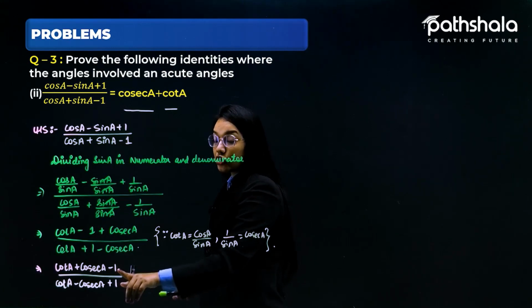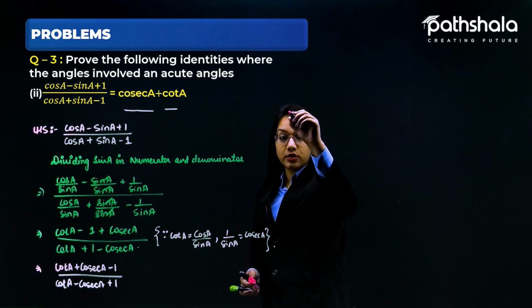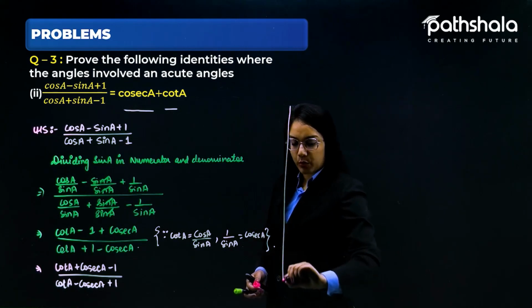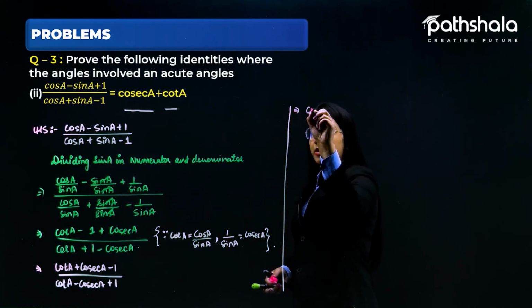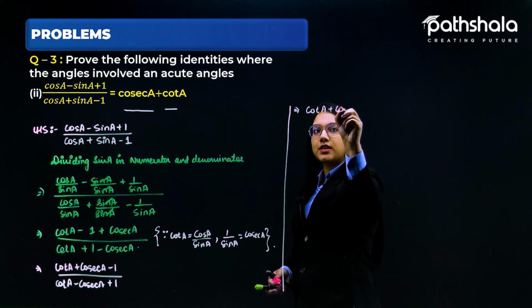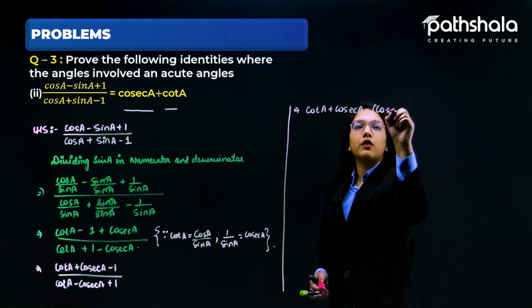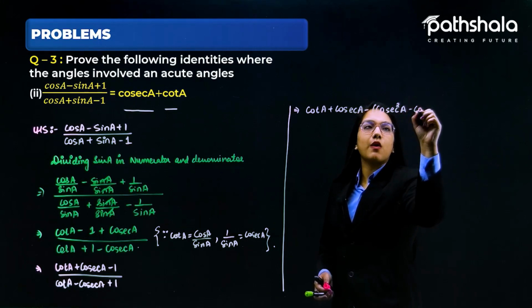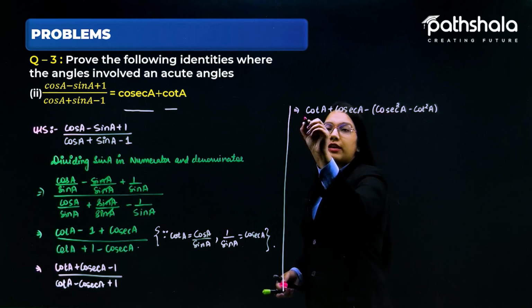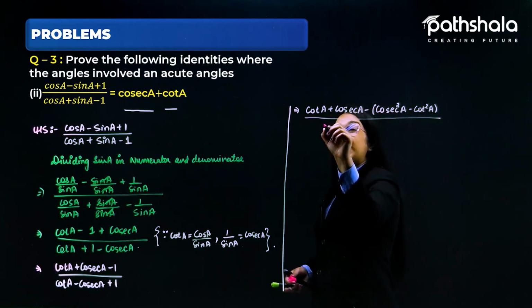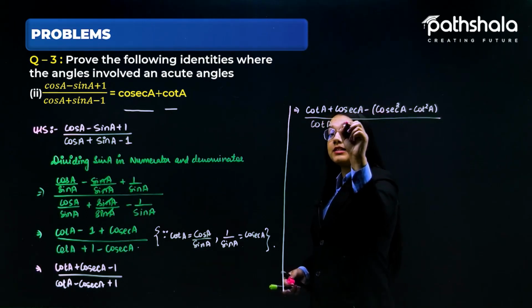So let us see how we are using this. Let us write this particular formation as cot A plus cosec A minus cosec square A minus cot square A, if in place of 1 I'm writing this particular identity.